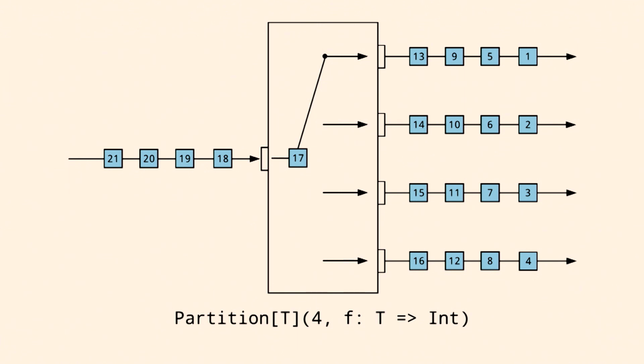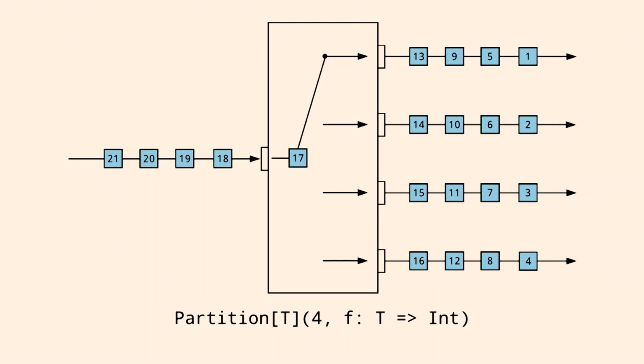And that'll maintain total order within each partition, but it won't necessarily maintain total order across the stream. And then how do you pick your partition size? Well, it's kind of back to what we were talking about with MAPASYNC earlier. If it's a CPU-bound workload, you might want to choose your partitions relative to the number of cores you have. If it's not CPU-bound, you may be able to increase your number of partitions to be quite large.